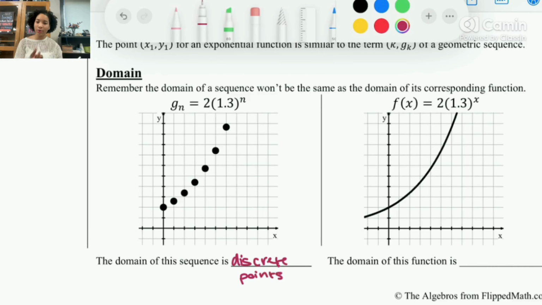However, a normal exponential function can represent all real numbers that are related to the function.